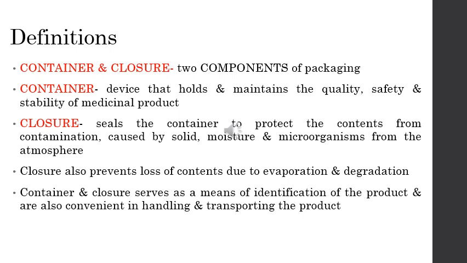Okay, so a closure is nothing but which will seal the container to protect the contents from contamination which is caused by solids, moisture or microorganism. So in short, you can say the cap of the bottle is the closure, the vial or ampule is a closure. So container is a device which will hold, and closure is a device which will seal the container.